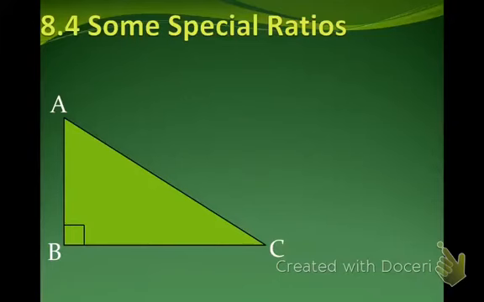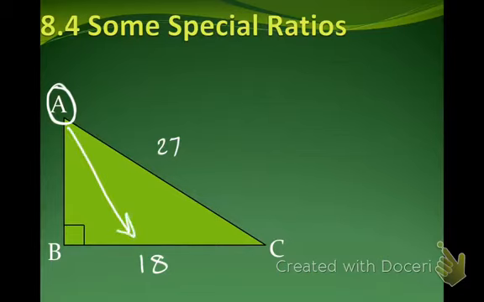So let's say that in this situation, I had the hypotenuse of 27. And let's say that I had a leg of 18. And I wanted to find angle A. Now you can probably very easily tell me that, Mr. Withers, I'm dealing with the opposite side and I'm dealing with the hypotenuse.